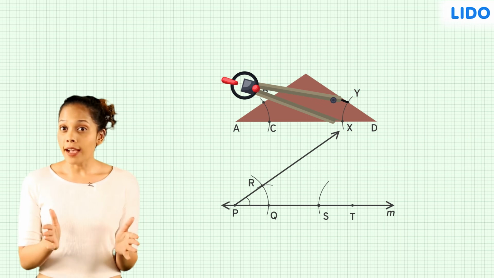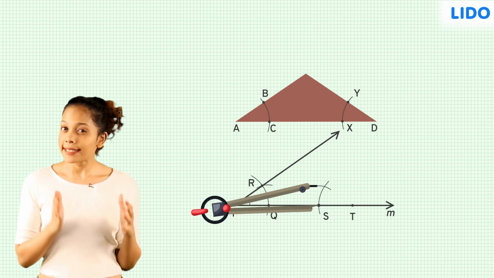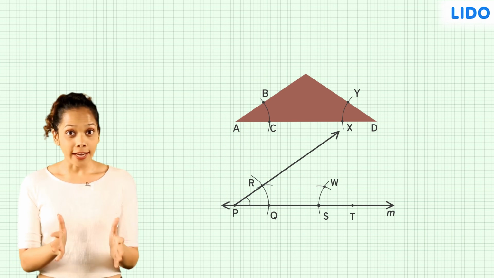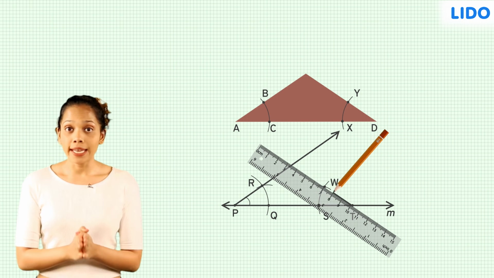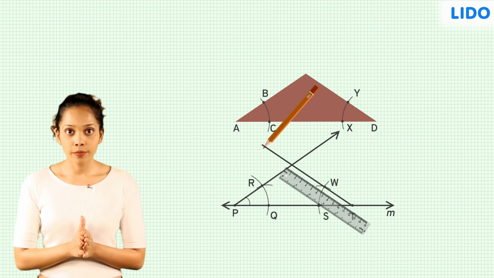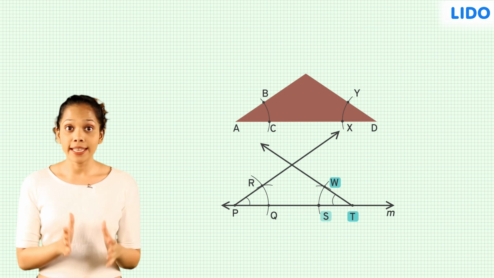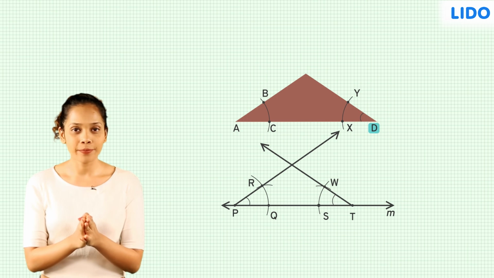Then, with the compass pointer on S, we draw another arc intersecting the previous arc at point W. Finally, using a ruler and a pencil, we join T and W. What we have now is angle WTS, which is of the same measure as angle D.